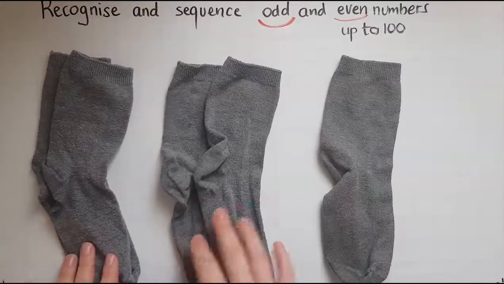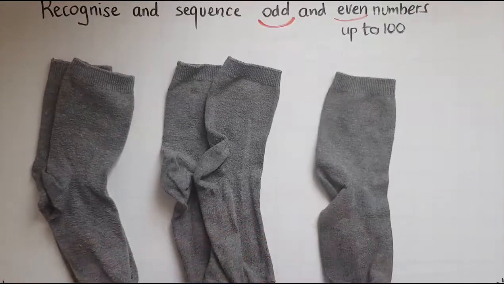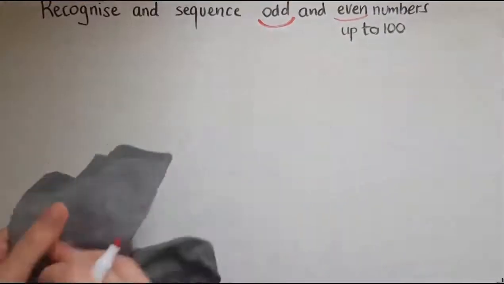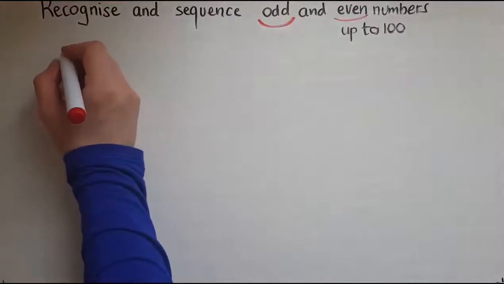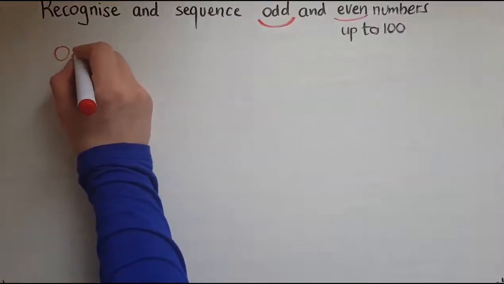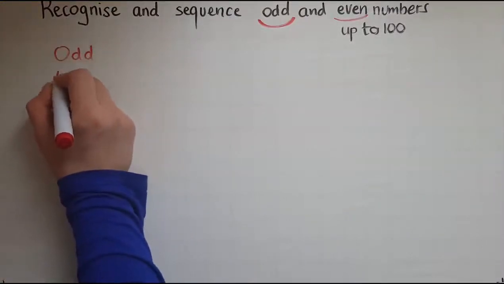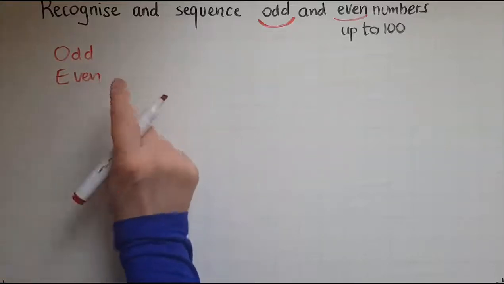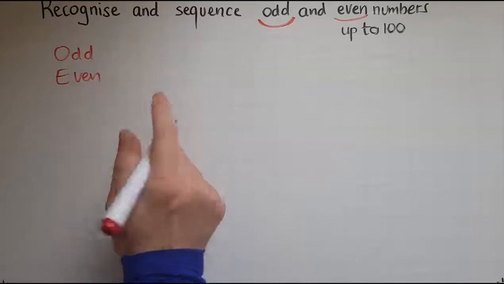So I will write the numbers. So as we said, odd, even. So that's the odd socks and that's the pairs.